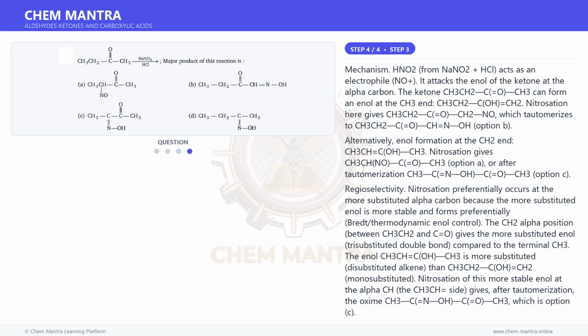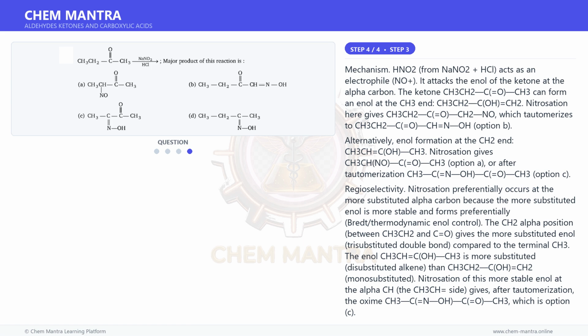Regioselectivity. Nitrosation preferentially occurs at the more substituted alpha carbon because the more substituted enol is more stable and forms preferentially, thermodynamic enol control. The CH2 alpha position between CH3CH2 and C=O gives the more substituted enol, a disubstituted double bond, compared to the terminal CH3.